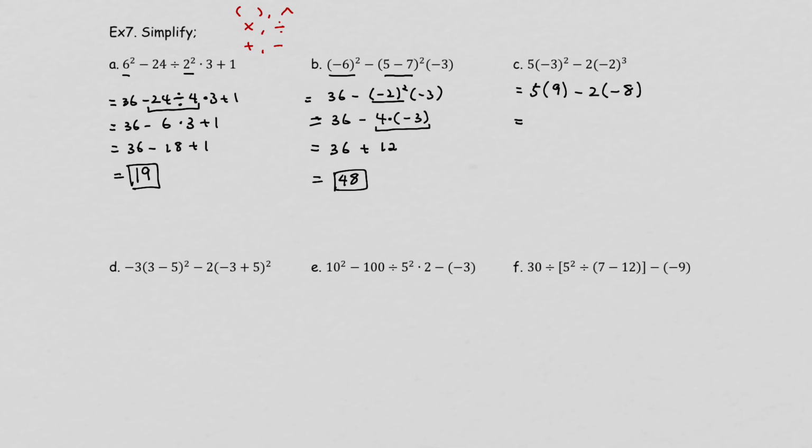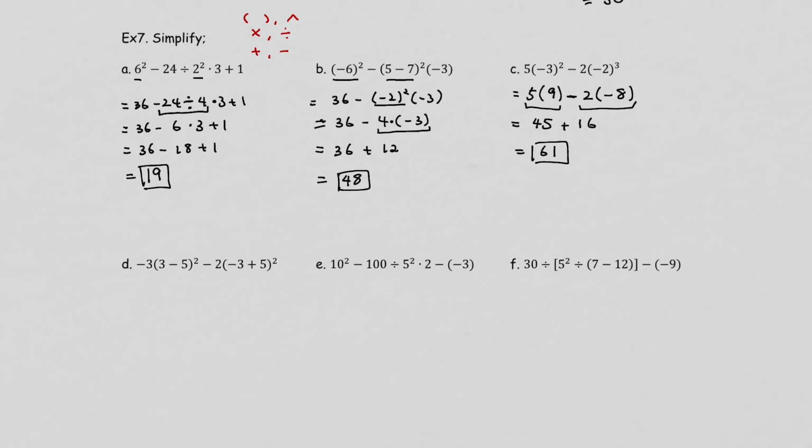Now we do the multiplication. Since these 2 multiplications are separated by the subtraction, I should be able to do them at the same time. This I get 45. Negative 2 times negative 8 will be positive 16, right? Add them up, 61.